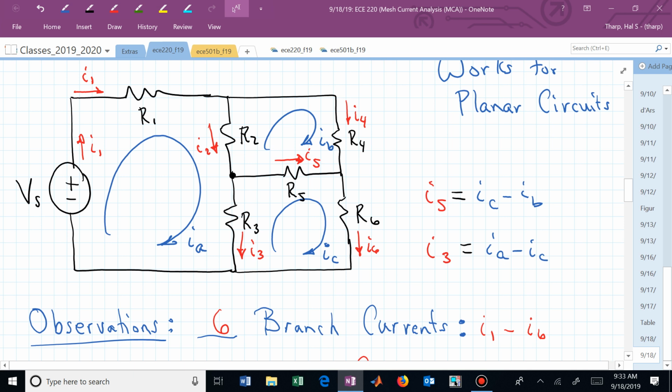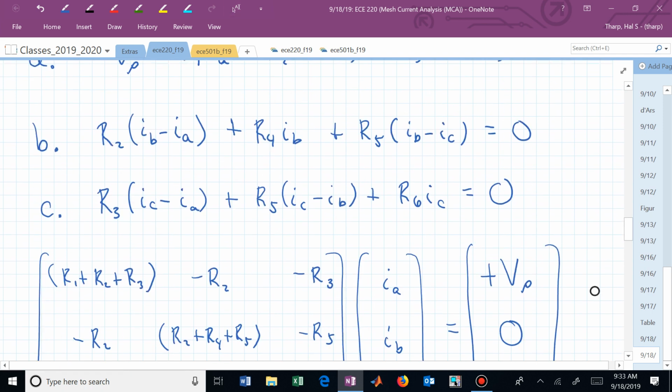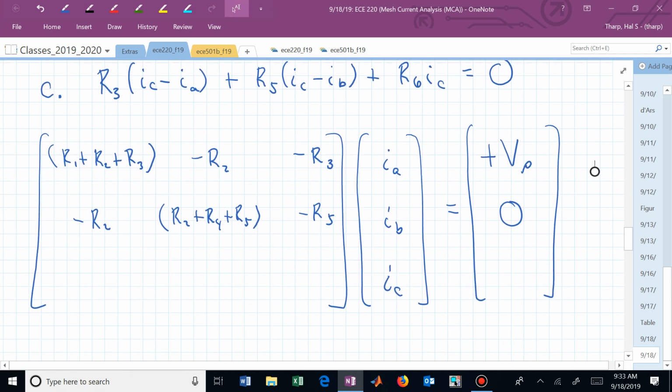R sub 3 is going to come in with a negative. Oh, R sub 5 is shared between B and C. In the B column, which is the second column, that's going to come in with a negative. So we had R3 plus R5 plus R sub 6 touching I sub C.